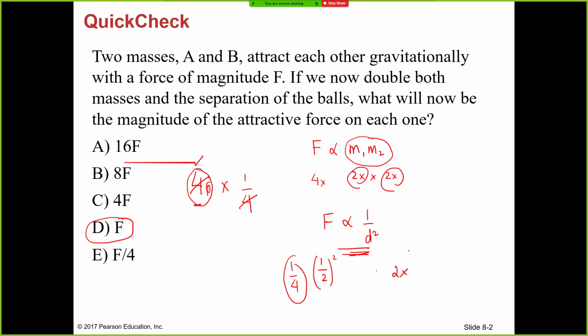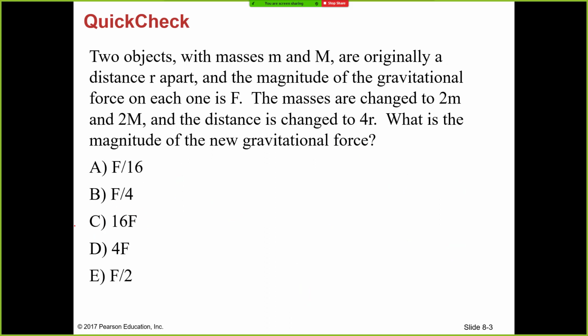So this one reduces the force, this one increases the force, and the net effect is no change in force. So that's the right answer, D. Force will remain the same.